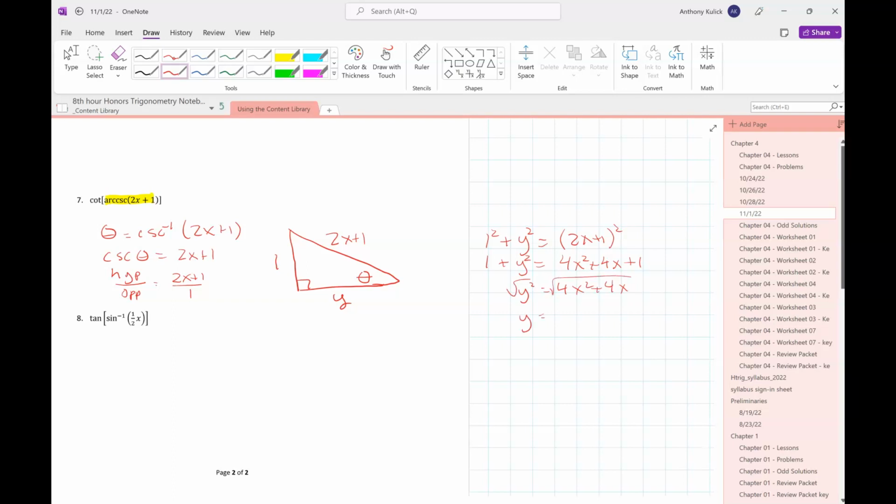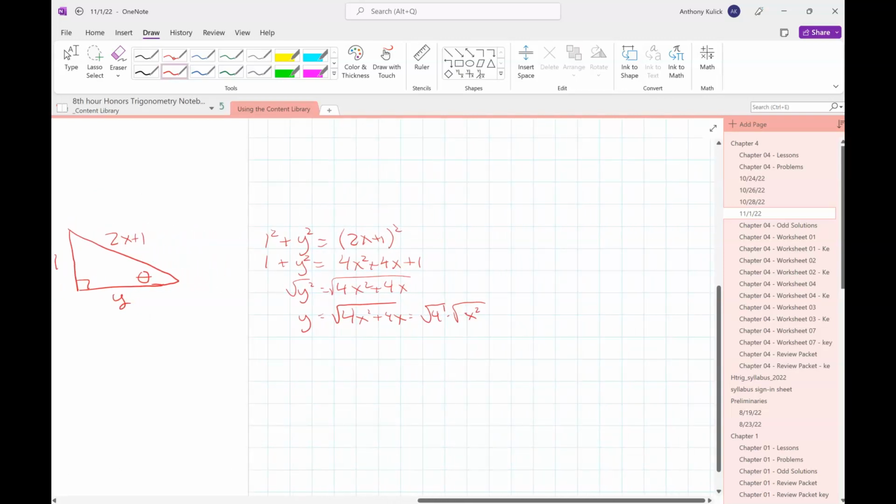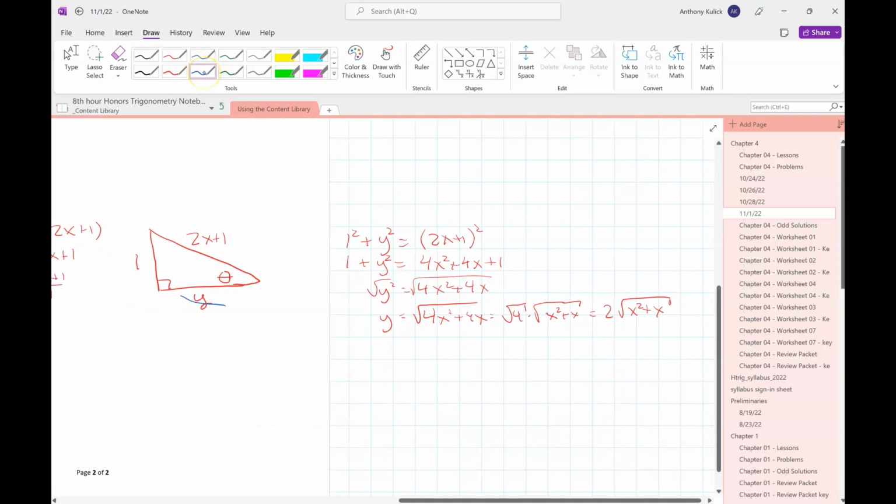Since this is a side length of a triangle, I'm going to drop the plus or minus. Depending on how fancy you're feeling, you could simplify this a little bit. You should notice that you could factor out a 4, and the square root of 4 is just 2. So I'm going to replace that with 2 square root x squared plus x.